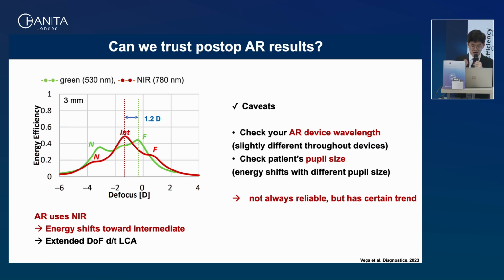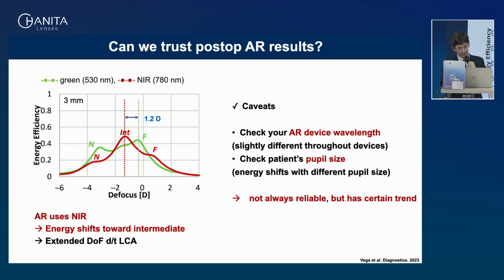So if you use the AR with the near IR light source, as you can see on the figure, the red line, all energy with this specific wavelength goes into the zero diffraction order, the intermediate focus. So this is why it can induce a significant amount of myopic shift with the AR, with this near IR light source.